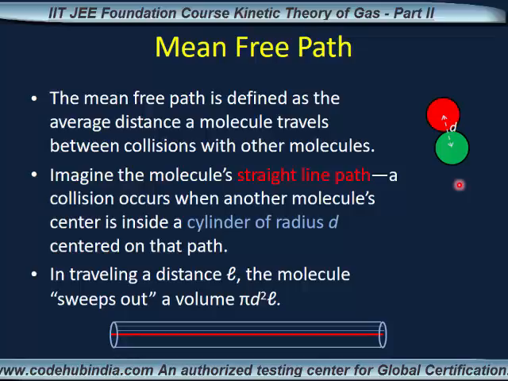The mean free path is defined as the average distance a molecule travels before a collision occurs with another molecule. Imagine the path of the molecule as a cylinder of radius d, centered on that path.